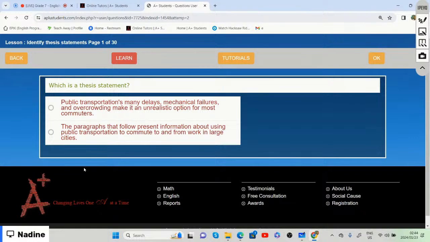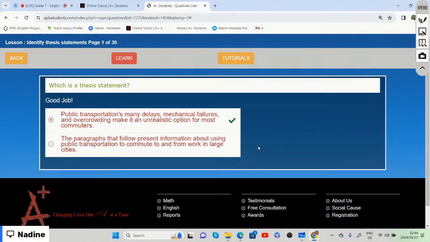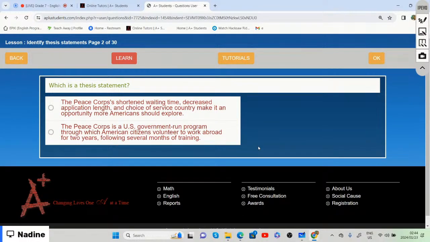All right. So if we choose a thesis statement, let's go with the first one, because remember, the first one is correct.